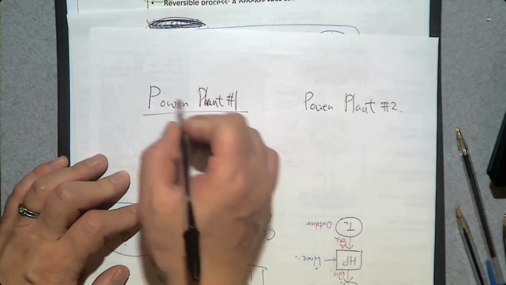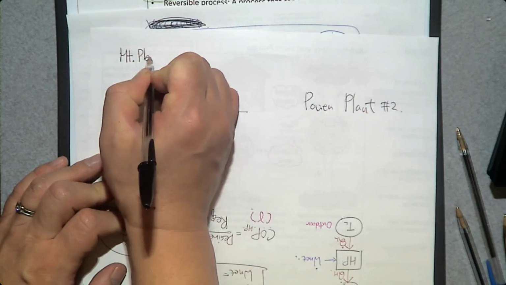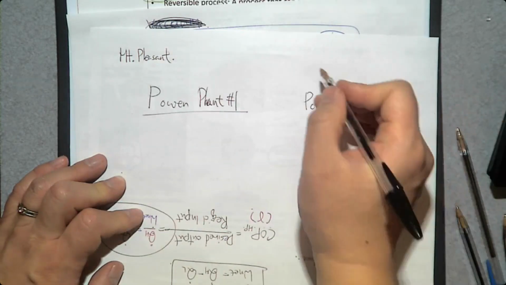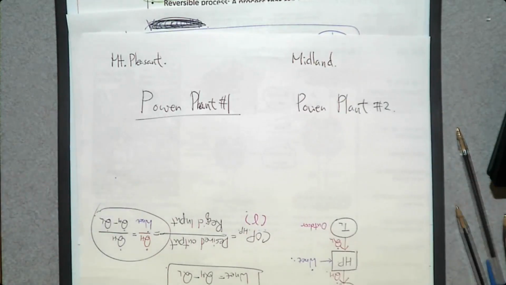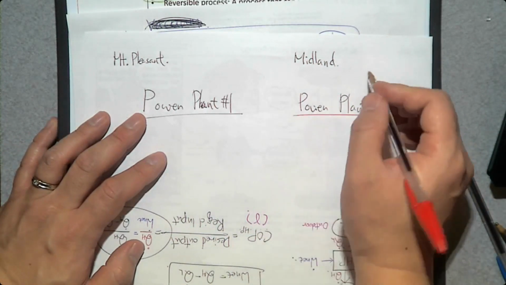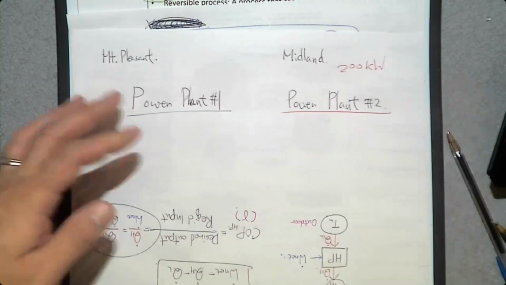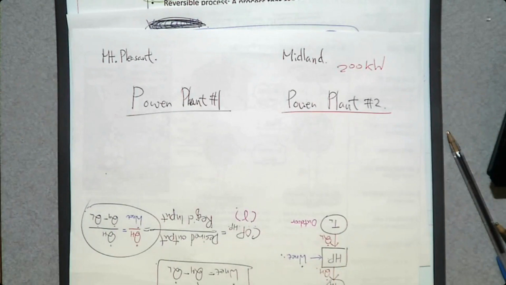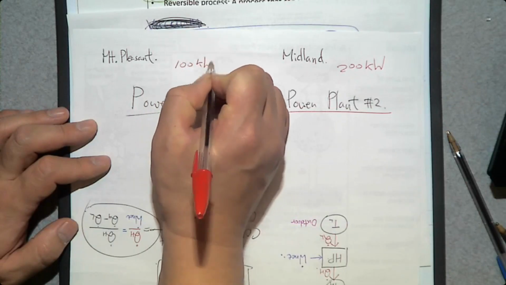So power plant number 1 is in Mount Pleasant, and power plant number 2 is in Midland. Midland is a bigger city than Mount Pleasant. So let's assume the one in Midland produces, let's say, 200 kilowatts of electric power. The one in Mount Pleasant can produce only 100 kilowatts.